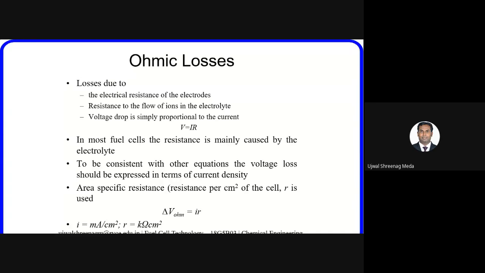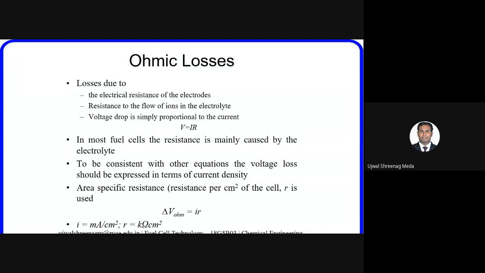So it is either milliampere per centimeter square or ampere per centimeter square. For that reason, the resistance we talk about here is the area specific resistance, per centimeter square of the material.